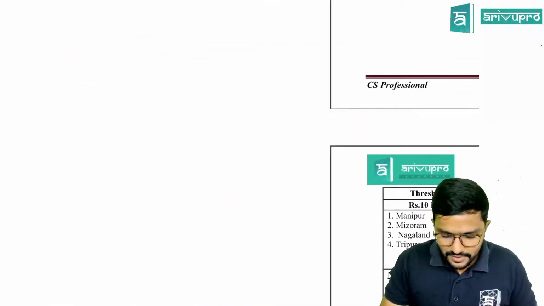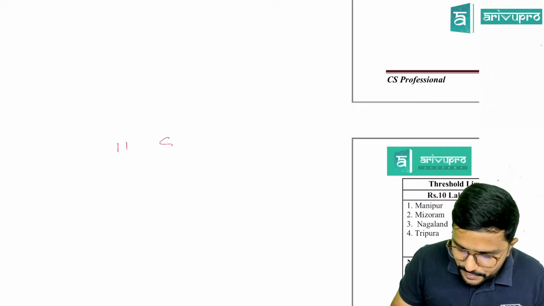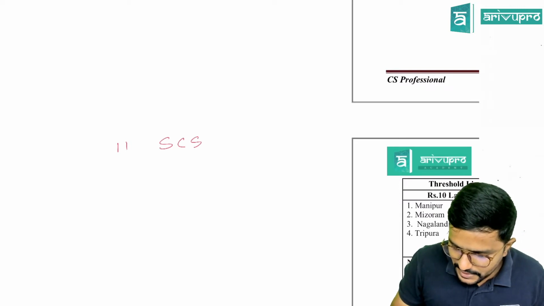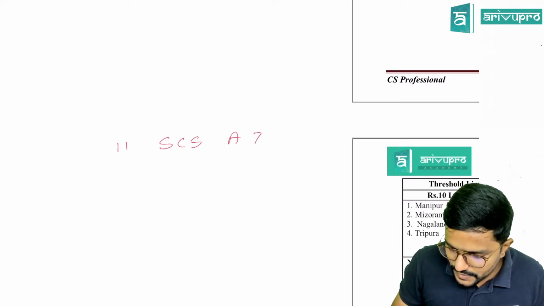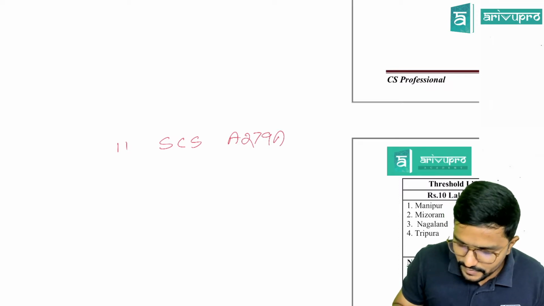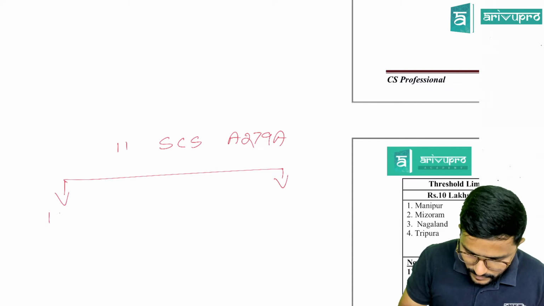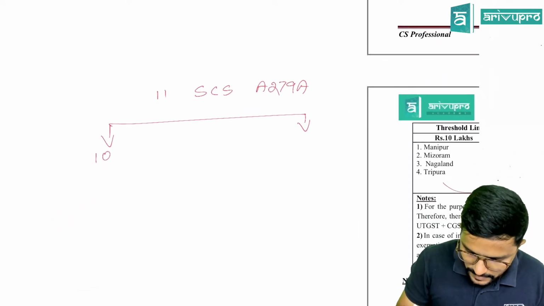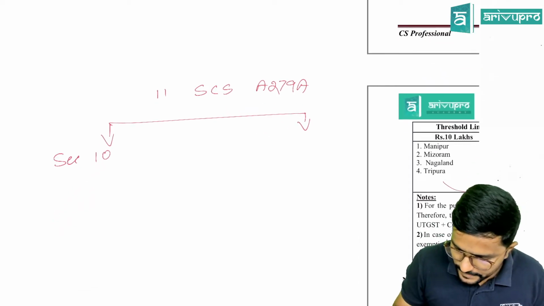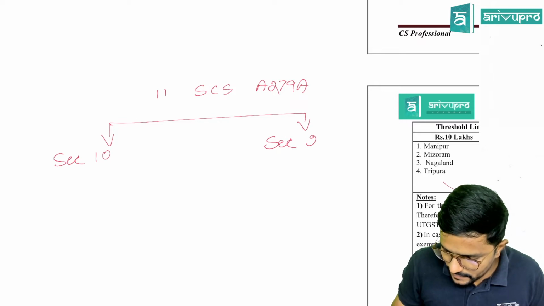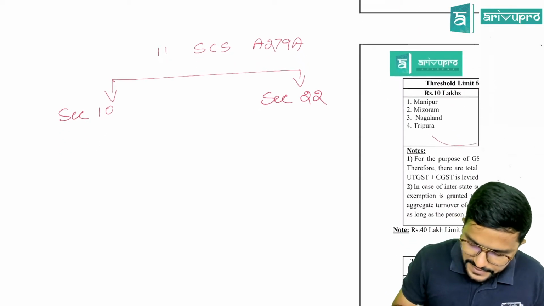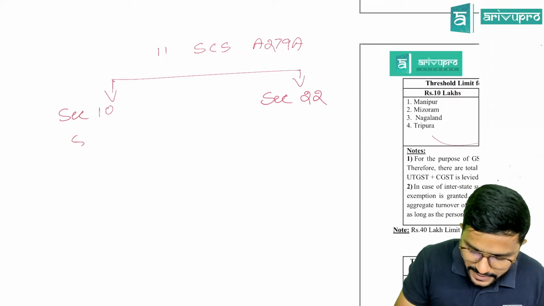See, out of 11 special category states as per article 279A, for section 10, that is the composition scheme, they have taken only 8 states.